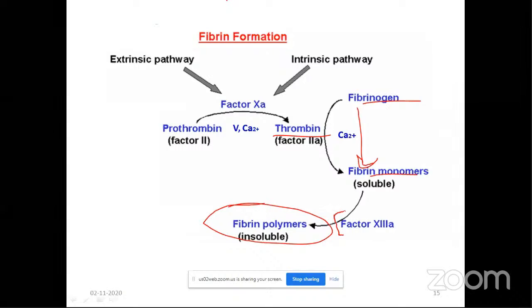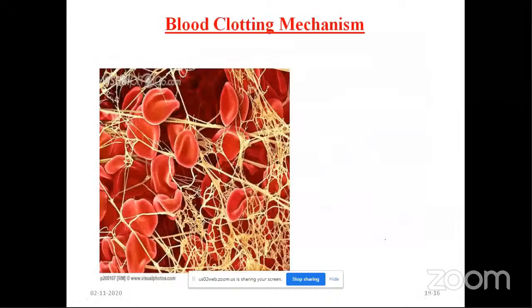And this clot is stabilized by the fibrin stabilizing factor, or factor number 13. As you can see, all these factors have Roman numerals, and these factors were numbered as per the order of their discovery.